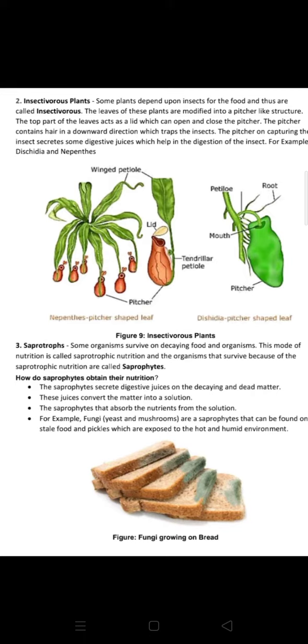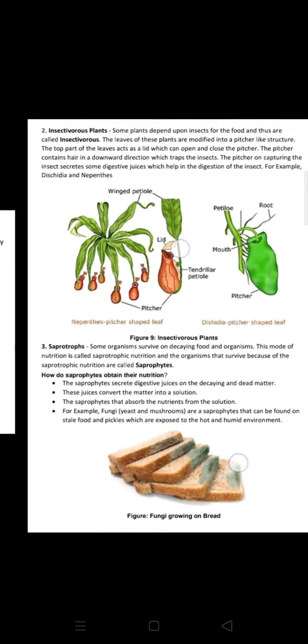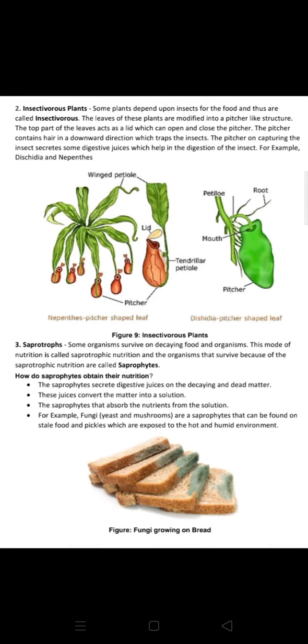You have seen that in bread there was fungus. If you leave the bread for some days, you will see some green fuzzy grass-like structure growing on the bread. It is also a fungus. This fungus is called bread mold.